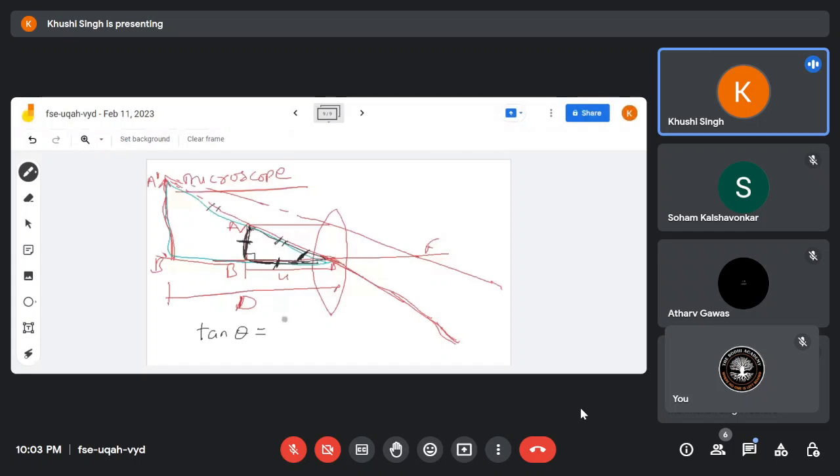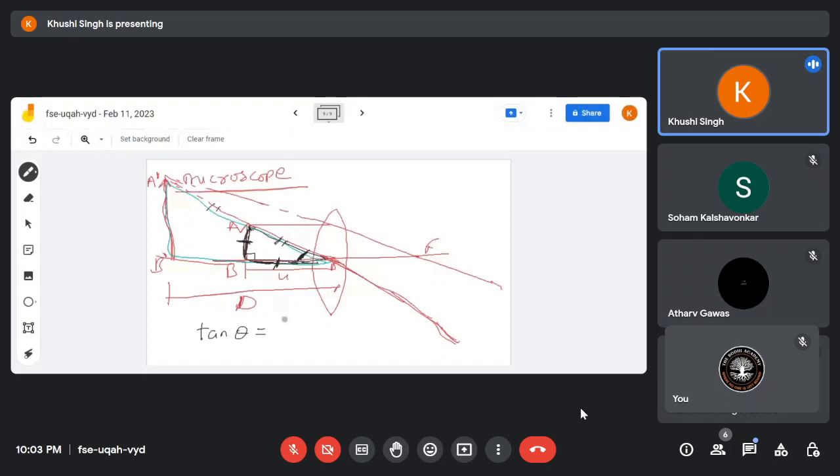Something to note is that for both the triangles, my angle is the same single angle. So I can say another tan theta is equal to, now this time I'm taking the blue triangle. For the blue triangle, what is my opposite side for this theta? That is my A'B', this one, right? So it is A'B' upon which distance?